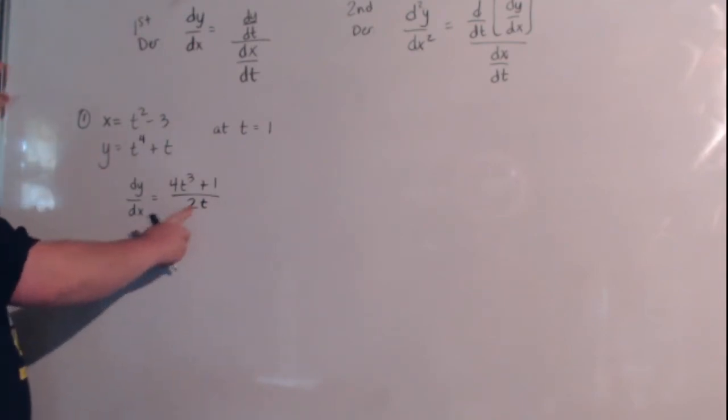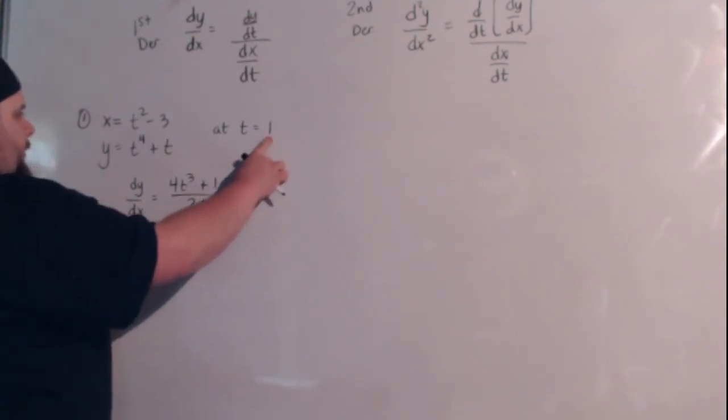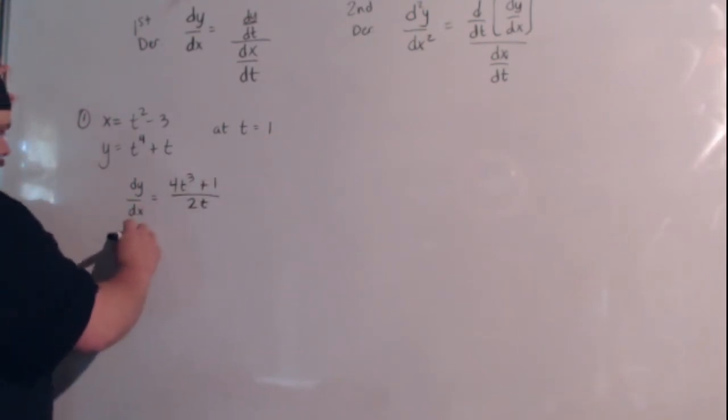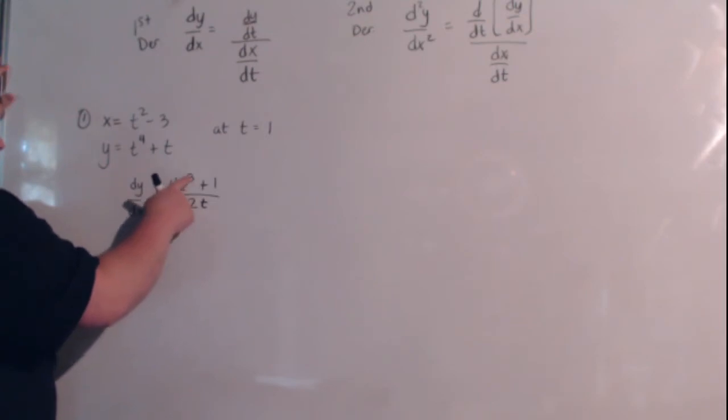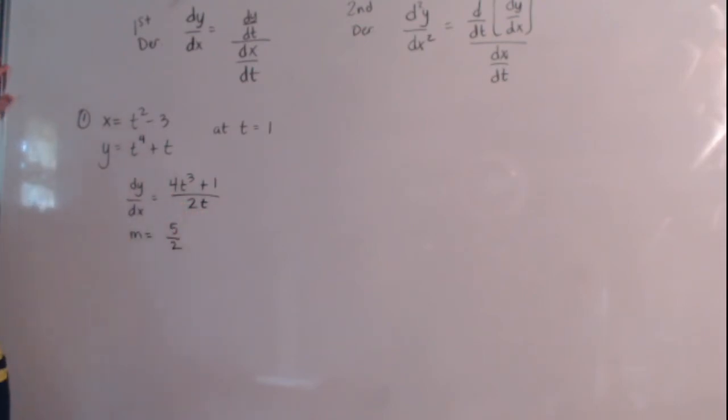So that's our first derivative. If we want the slope for t equal 1, we just plug 1 in. So 1 cubed is 1, times 4 is 4, plus 1 is 5, and 2 times 1 is 2. So we get the slope is 5/2.